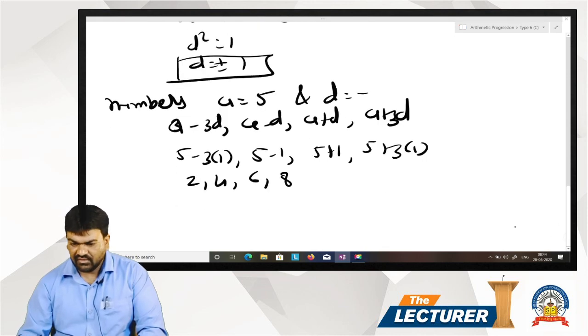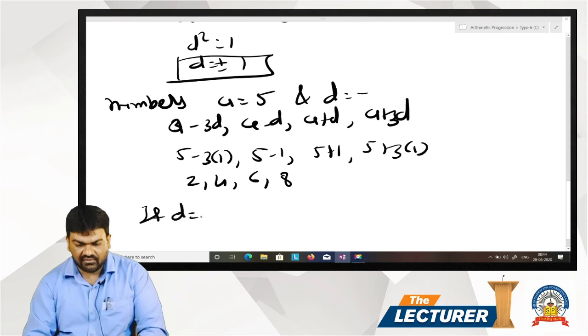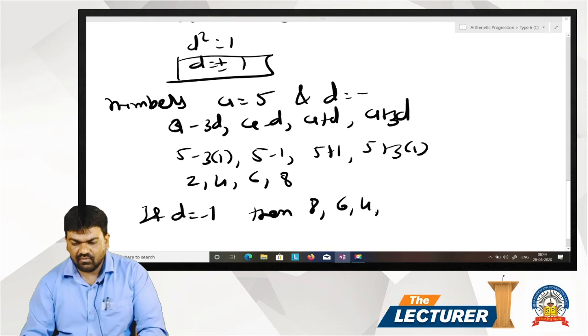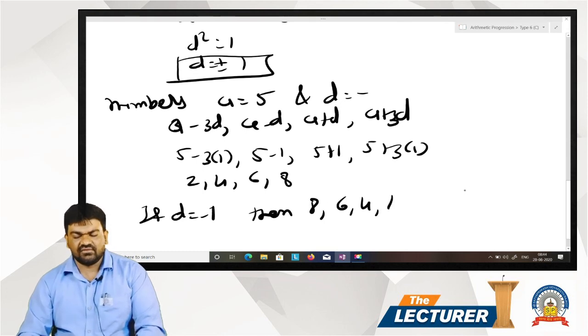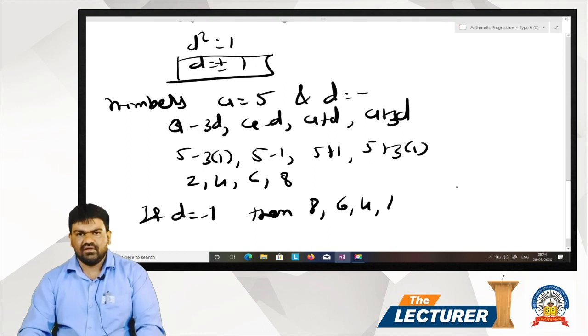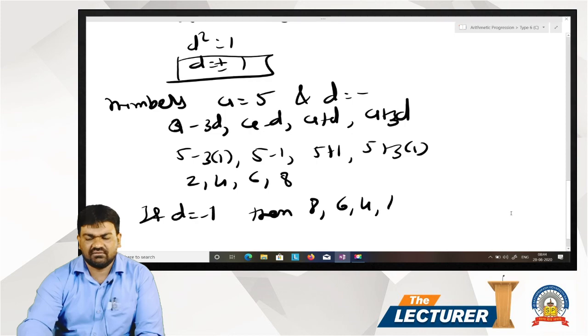Otherwise, if d is equal to minus 1, then 8, 6, 4, 2. So these are the assumptions of 3 numbers, 4 numbers and 5 numbers. Here our type is completed. In the next session we will start our next type. Thank you.